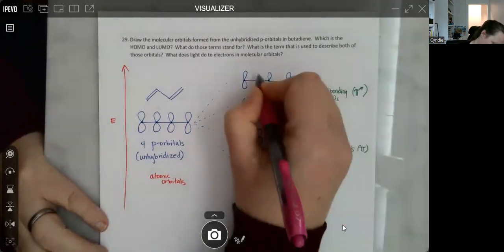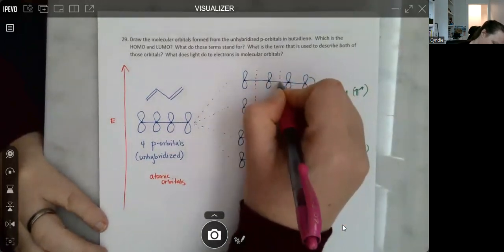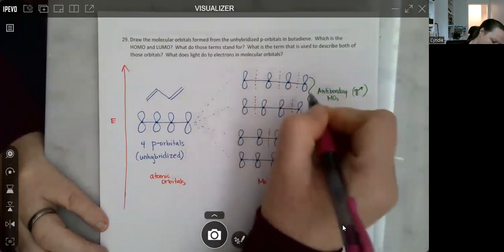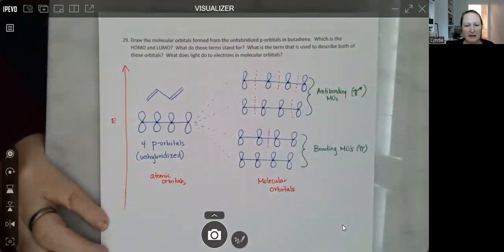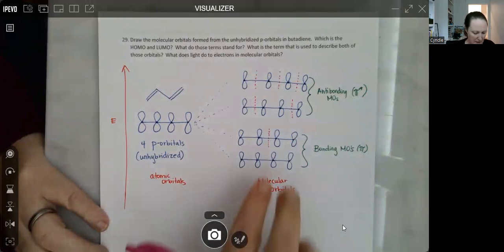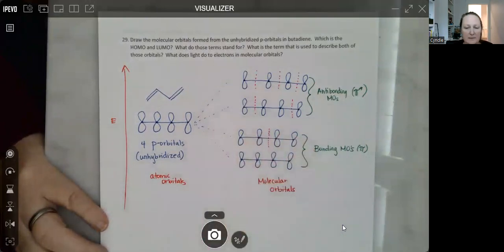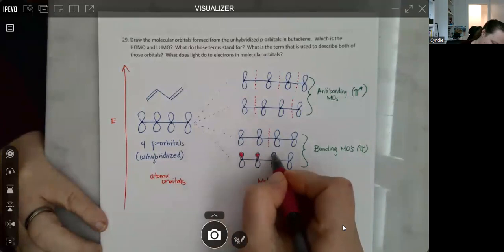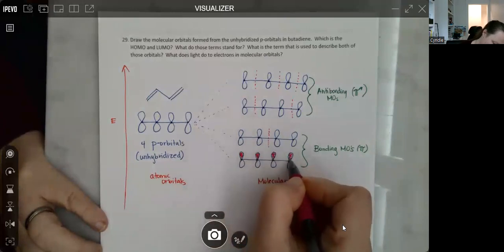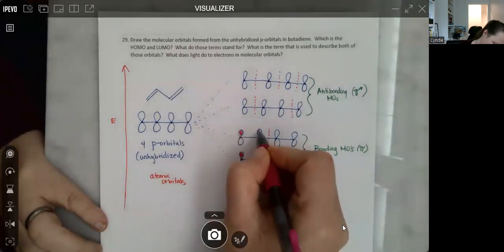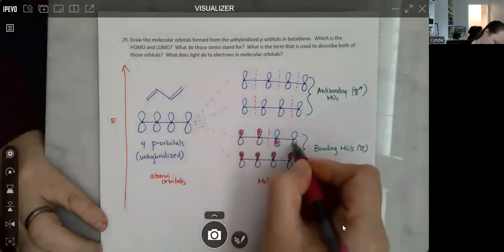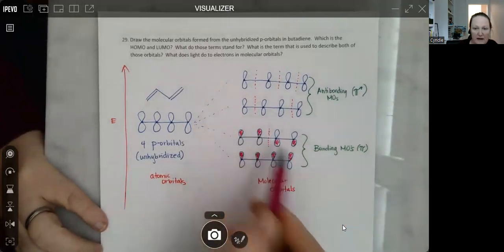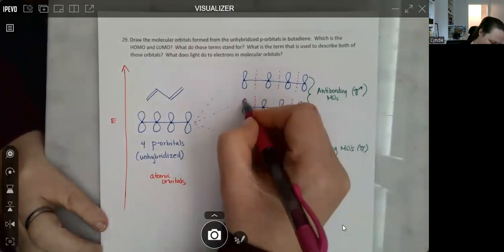And then we have 3 nodes. And those are regions where there's zero probability of finding electron density. So we often just shift the phase. Okay, so you might see these as drawn something like this, with one side colored and the other side not colored. So I'm going to shift phase here whenever I reach a node.